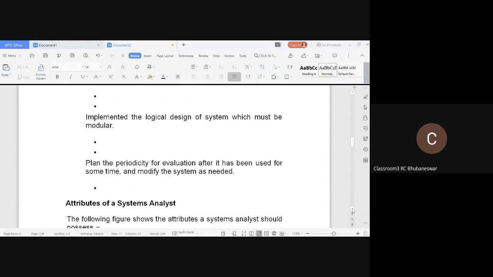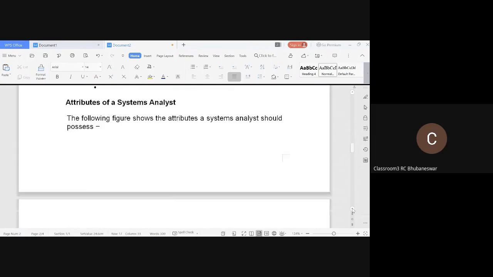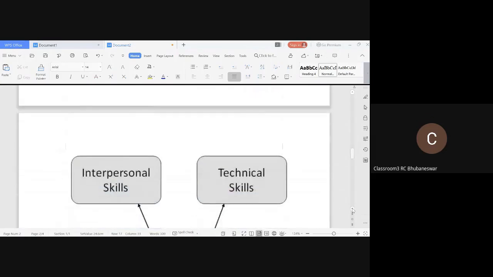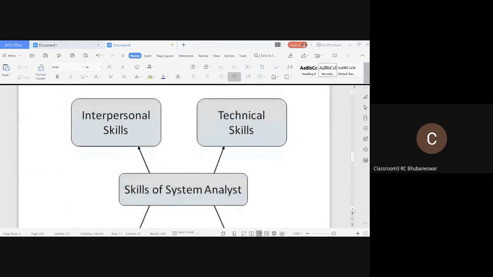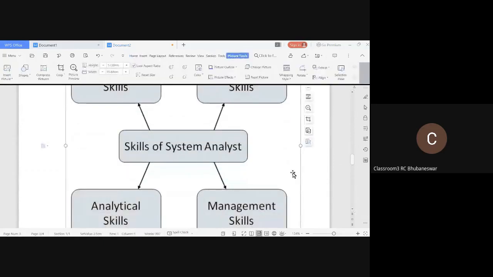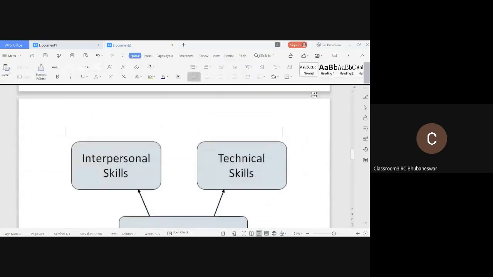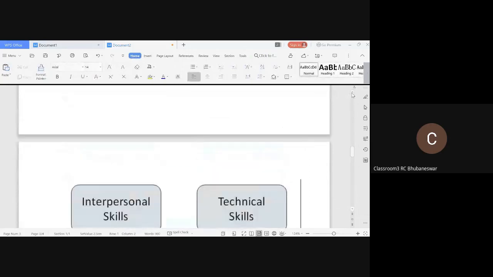Now let's see the attributes of a system analyst. So these are the... one second, let me select it and here.